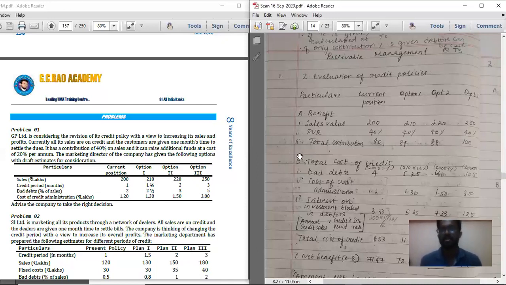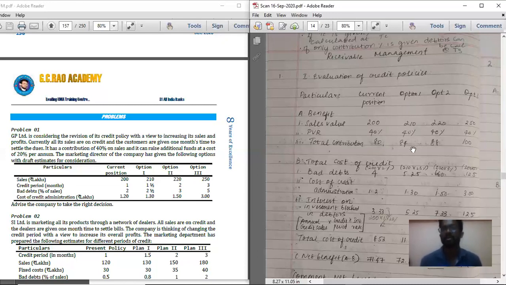And below that, small Roman number 3, total contribution. Multiply it: sales value into profit volume ratio is the total contribution. So 200 into 40%, current position 80. Option number 1, 210 into 40%, 84.